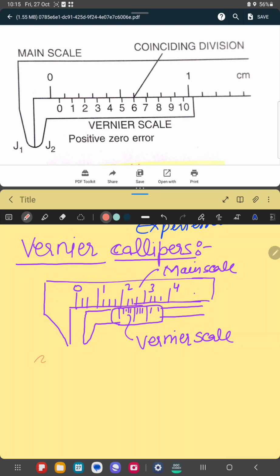In Vernier calipers, the next segment is called least count. Least count is defined as the minimum it can measure.